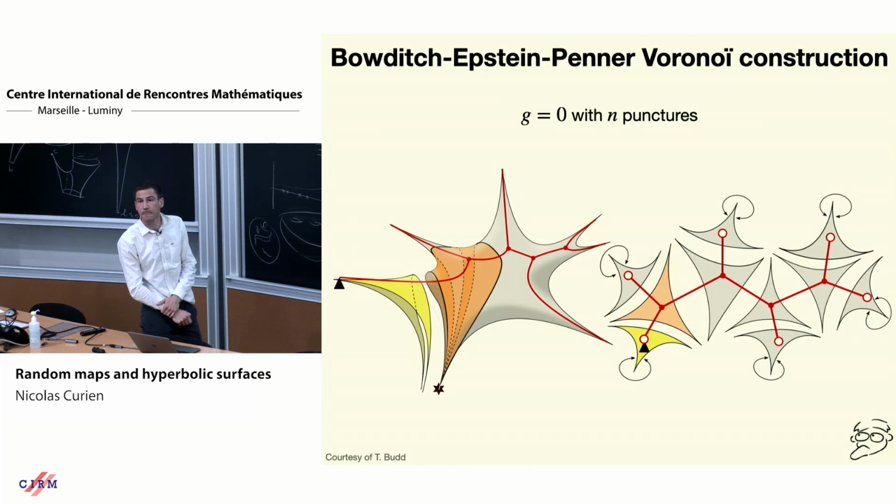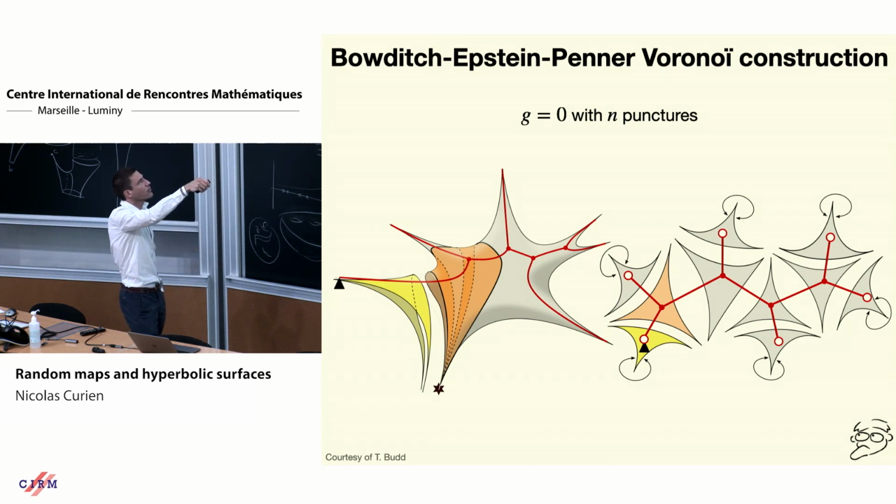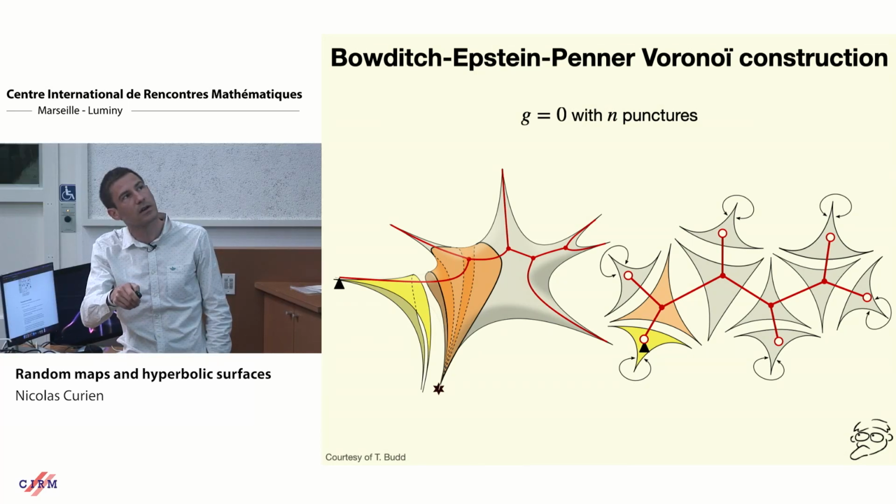Well, Epstein, Bowditch, Penner claim that this is a unique representative of this surface. So you see the triangulation here, and the lengths that you see here are the lengths of those loops.